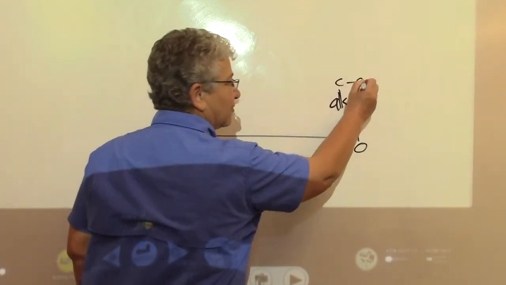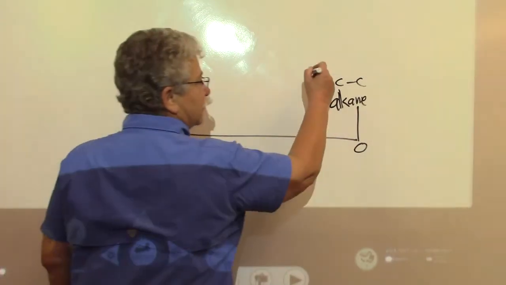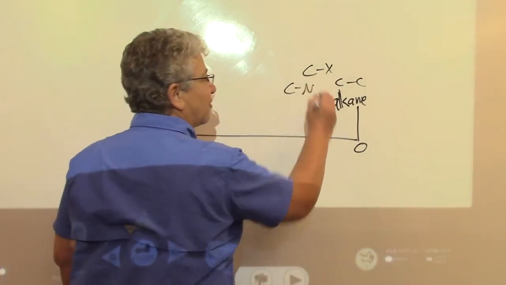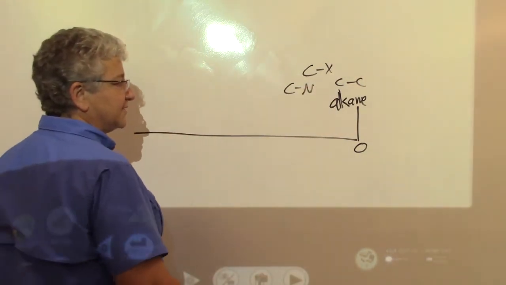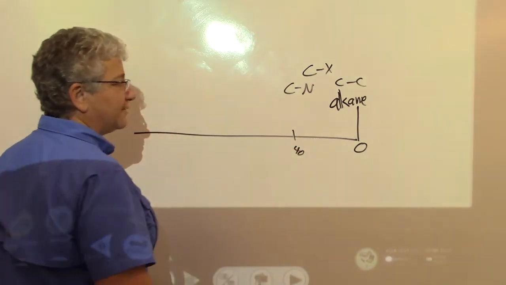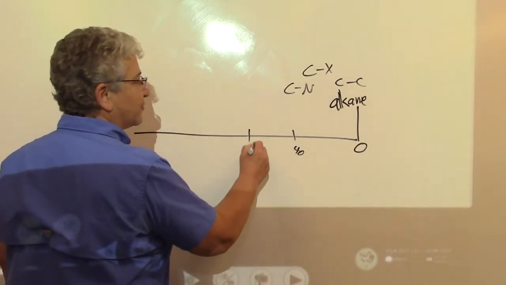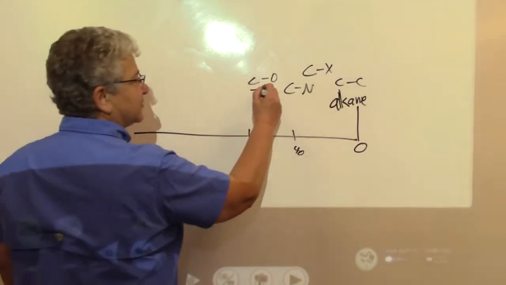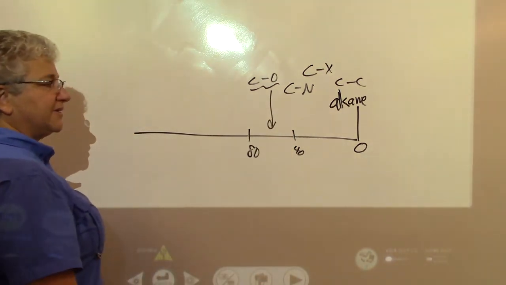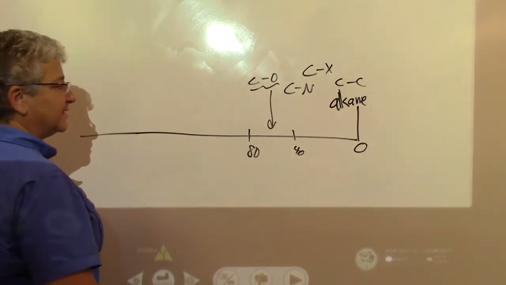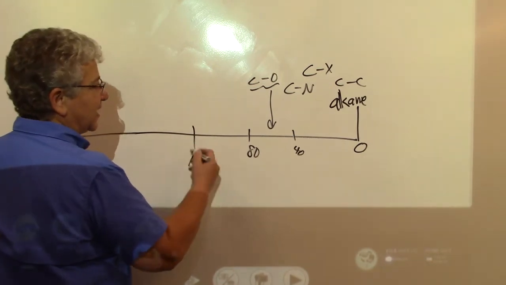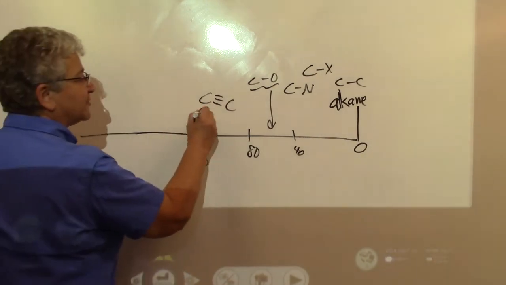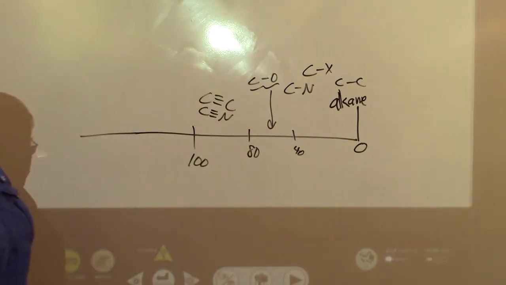So these are carbon-carbon. And then maybe I have some carbon-halogen, and then some carbons bound to nitrogens. Maybe I'm out to about 40 now. Between 40 and 80, I have carbons bound to oxygens. This is a pretty distinctive region as far as the chemical shift axis. Then 80 to 100, that's approximately where I find my carbon-carbon triple bonds or my carbon-nitrogen triple bonds.